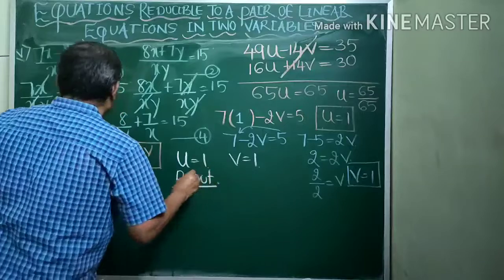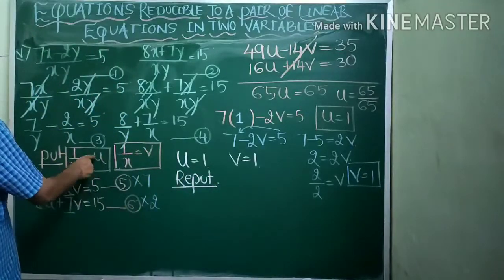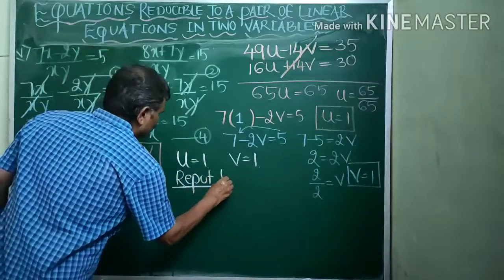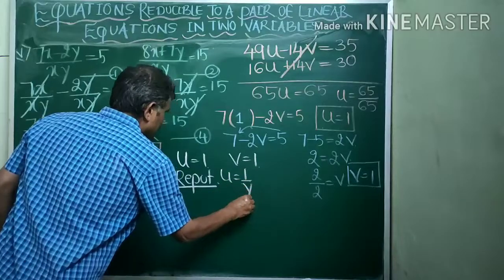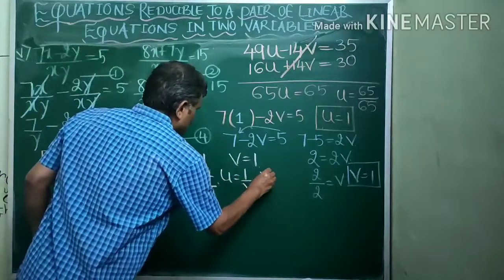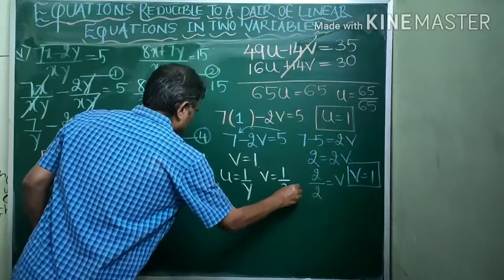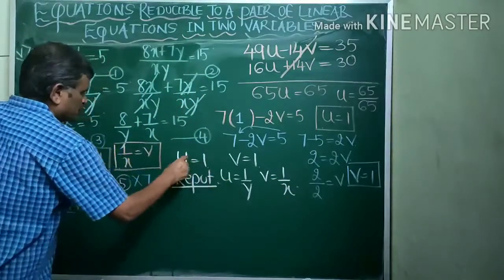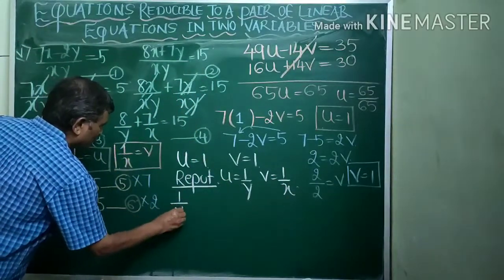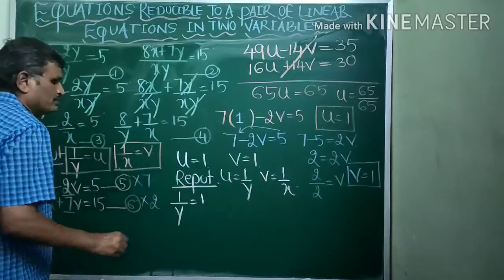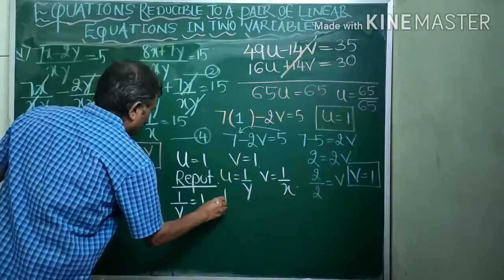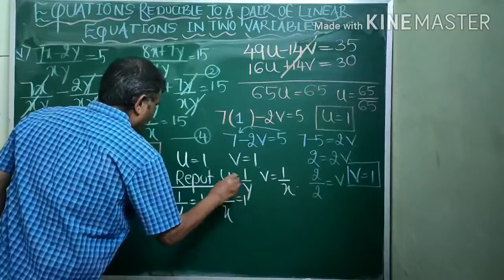I should re-put u as 1 by y and v as 1 by x. If I do so, then in place of u, I will write 1 by y is equal to 1. In place of v, I will write 1 by x is equal to 1.